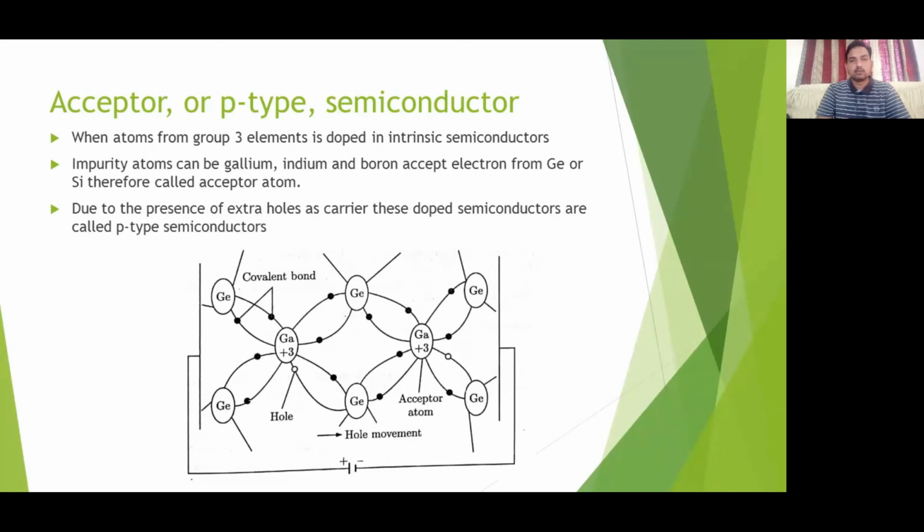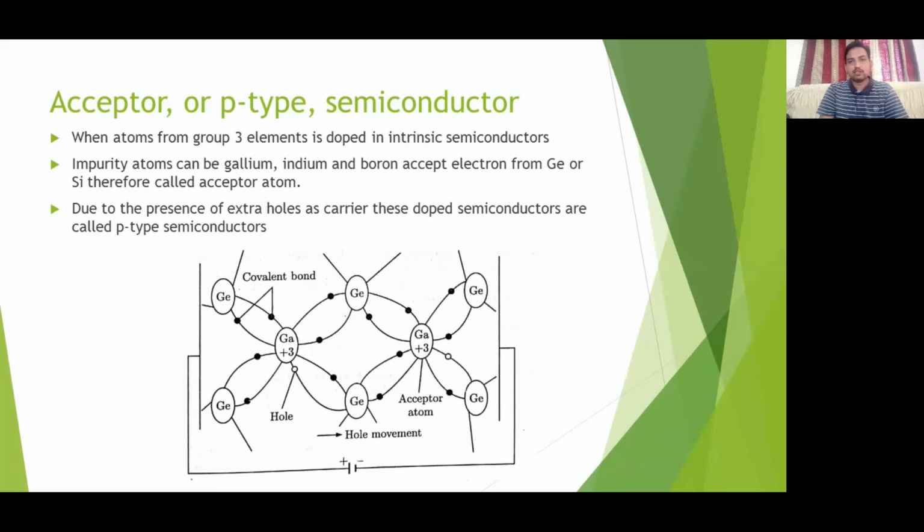So when they combine with the germanium, 3 electrons of the gallium or indium or boron, whatever the impurity is, form covalent bonds with 3 of the germanium atoms. And one of the states is still left unoccupied.